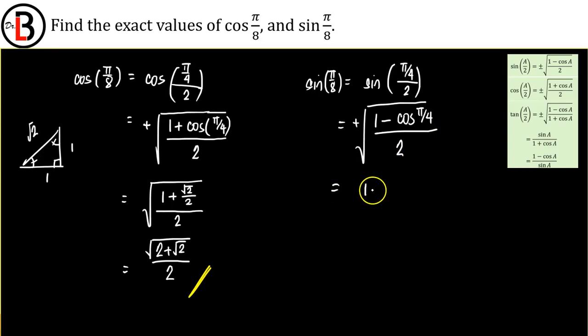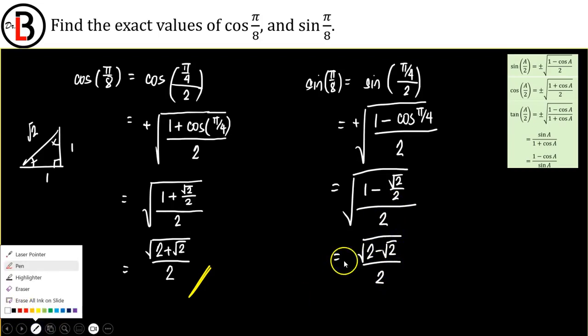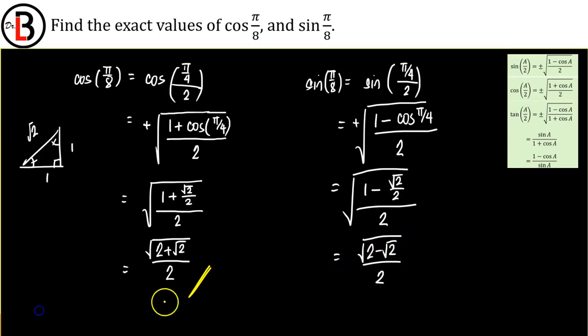This would be 1 minus square root of 2 over 2 all over 2, and then there's a big square root outside. This would be 2 minus square root of 2 all over 2, and then over 2. So this would then be 2 minus the square root of 2, all in square root, divided by 2.